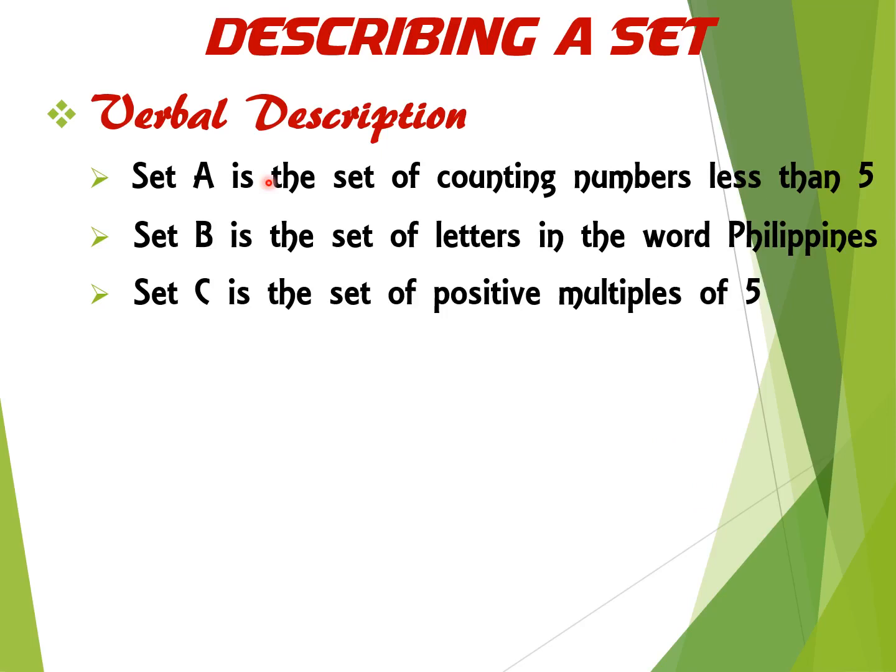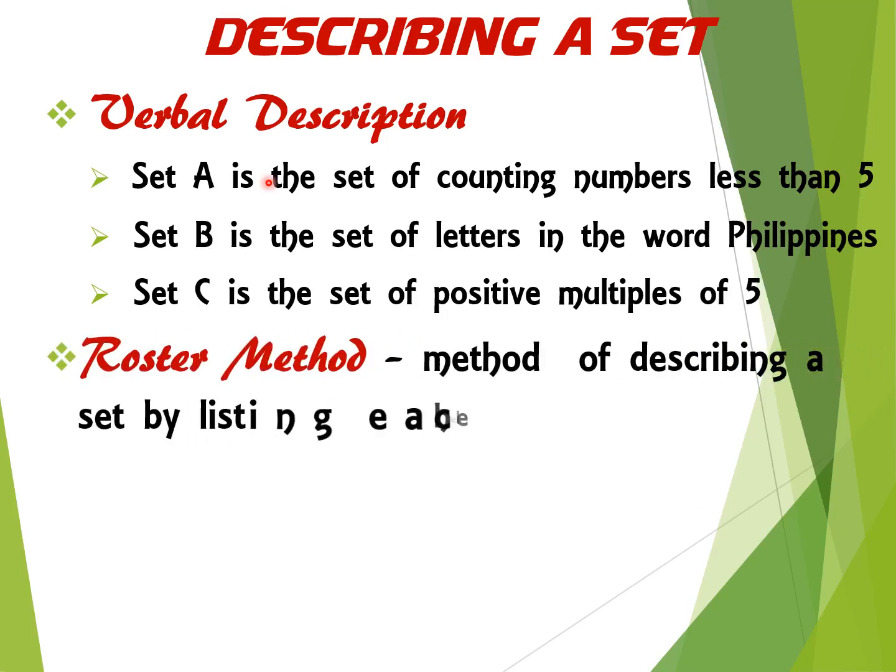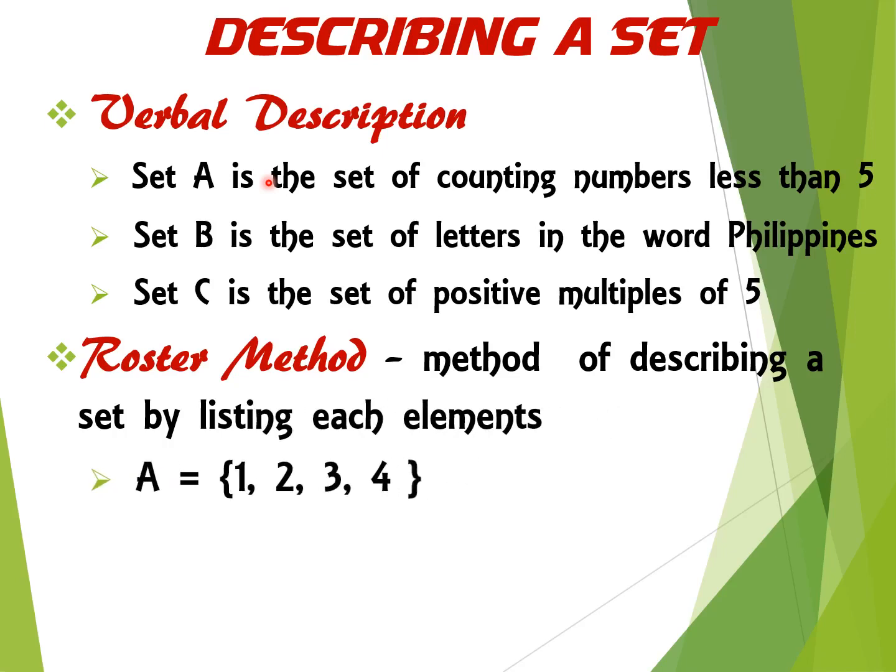Now, this verbal description can be written using the roster method. It is a method of describing a set by listing each element. For set A, we can write the elements 1, 2, 3, and 4 for the set of counting numbers less than 5. For set B, we have here P, H, I, L, N, E, and S for the letters in the word Philippines.